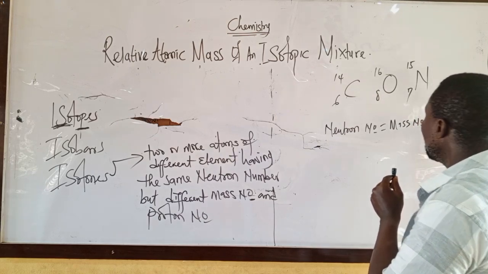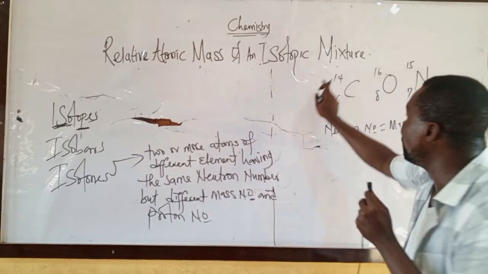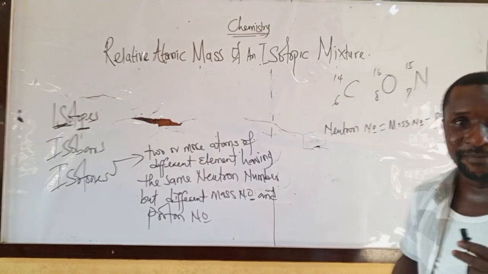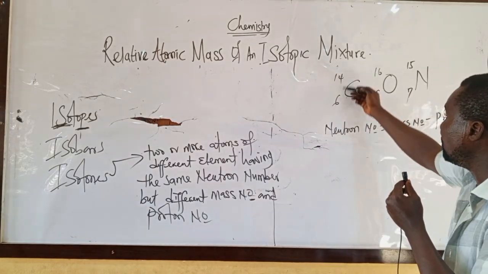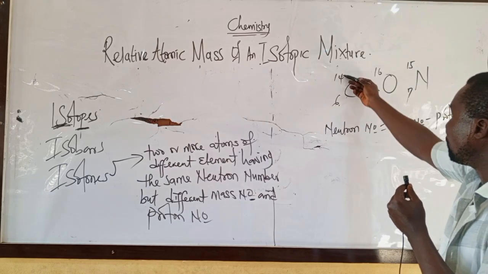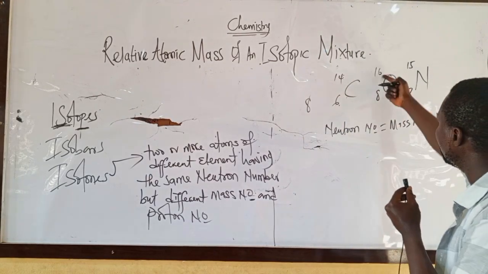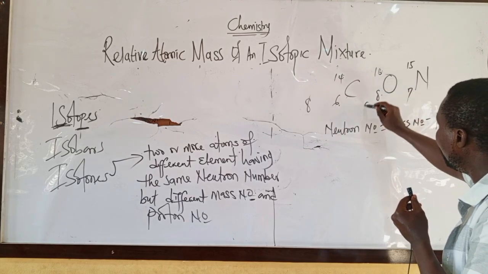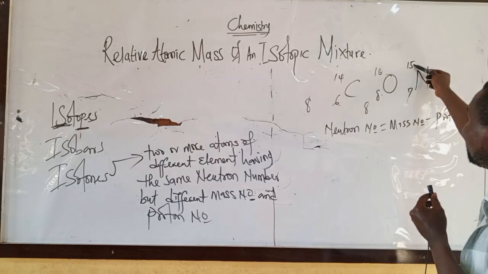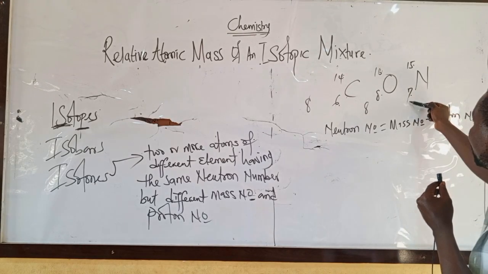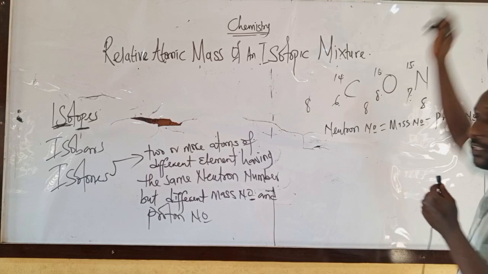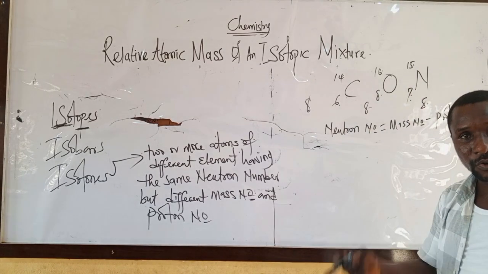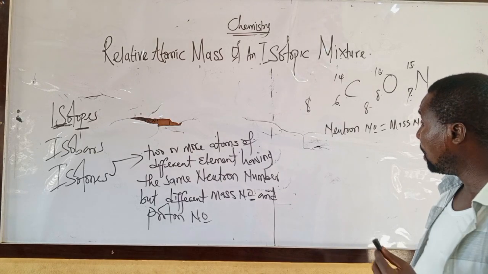In this case, they have different mass number, they have different proton number, but their neutron number is the same. Let us confirm. For carbon, 14 mass number minus 6 proton number, 14 minus 6 will give you 8. Let's see oxygen. 16 mass number, proton number 8. 16 minus 8 will give you 8. Let's see nitrogen. Mass number 15, proton number 7. 15 minus 7 will give you 8. They have the same neutron number, but different mass number and proton number. Take note of that.